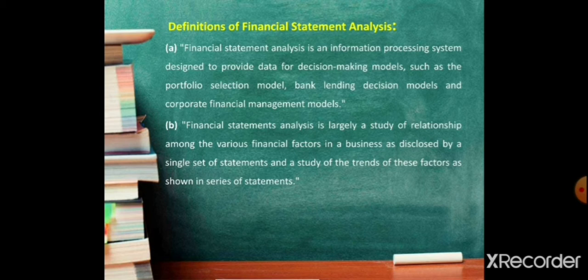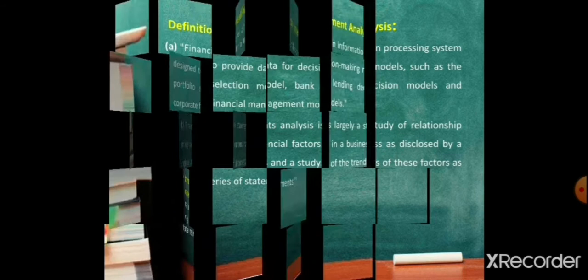It means that a ratio is one mathematical number expressed in terms of another. However, the two figures must be interrelated. If the two figures are not at all connected with each other, their ratio will serve no useful purpose for the business organization.